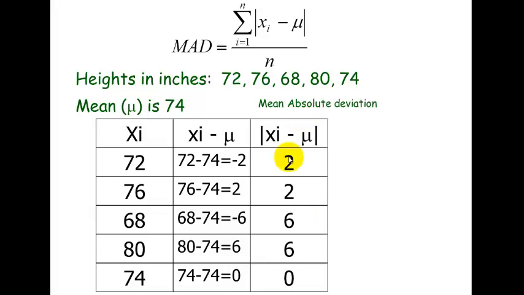So this is the absolute value of these numbers. Now, once we get the average, okay, 2 plus 2, which is 4, plus 6 is 10, plus 6 is 16, plus 0 is 16, divided by 5, we'll get 3.2.